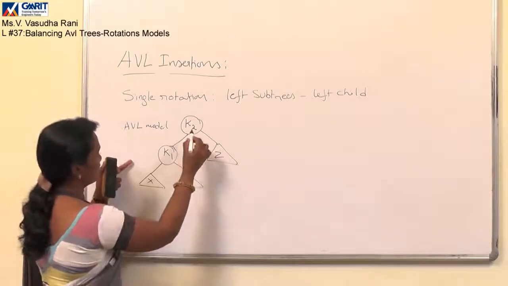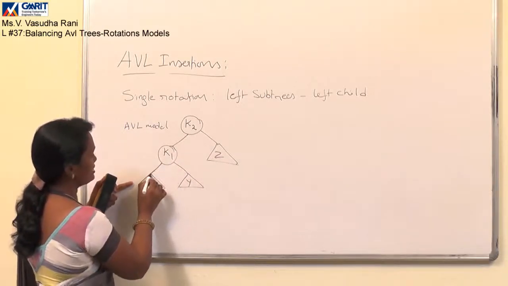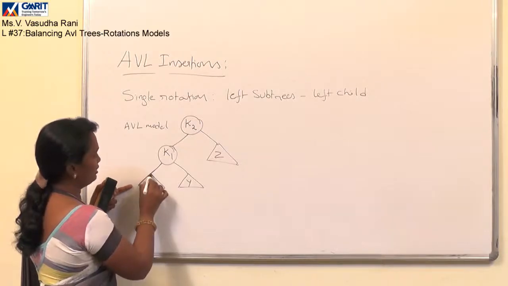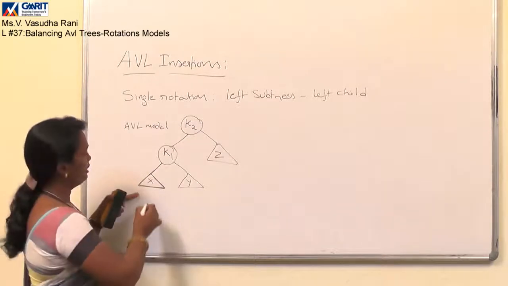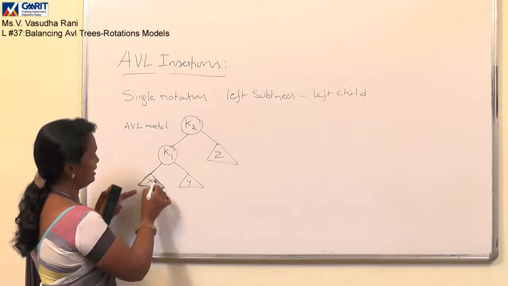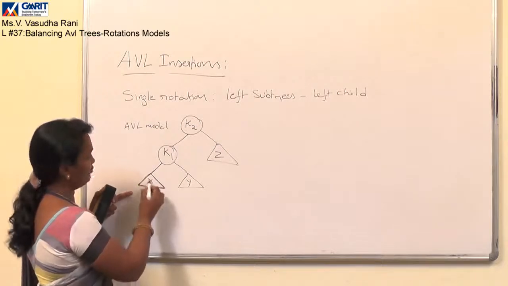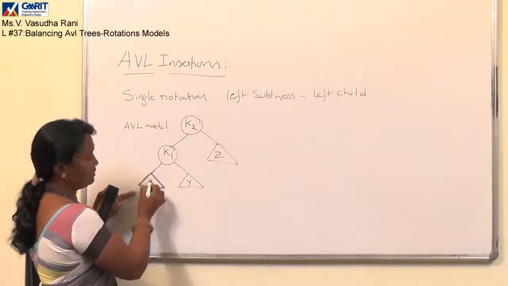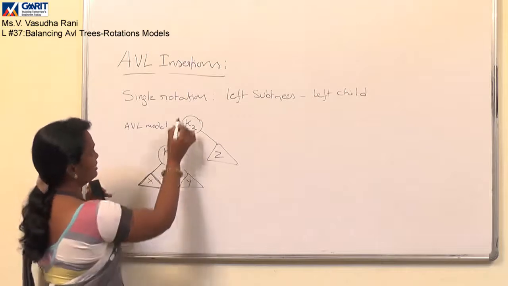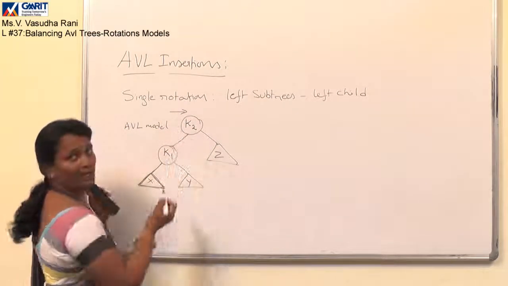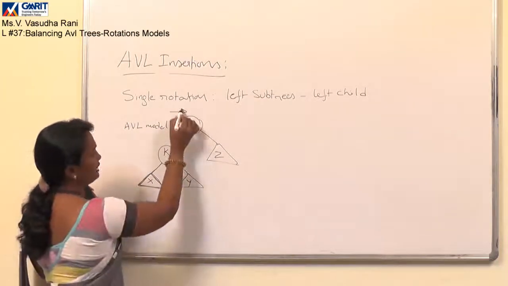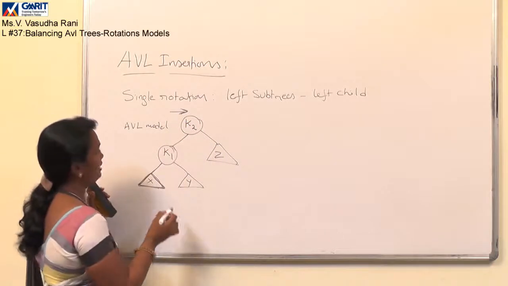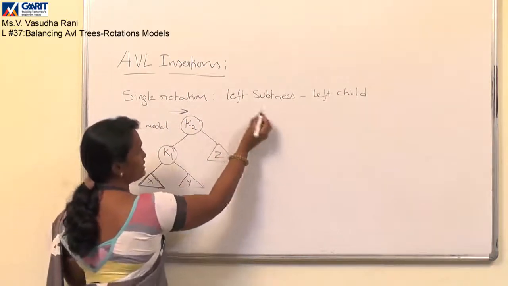Now here if you observe, one more node is added to this. This is again a subtree, added because of adding a node here. If it is failing the balanced condition at K2, then we have to go for single rotation.